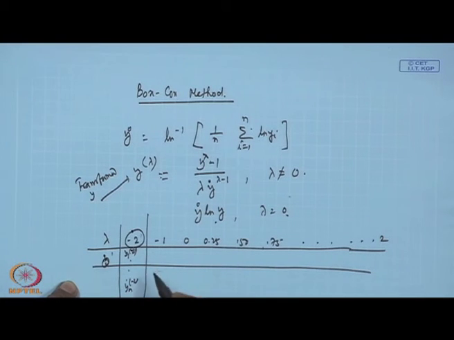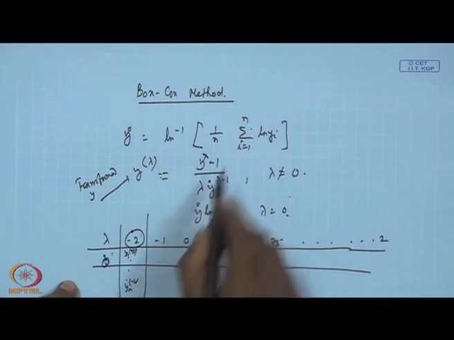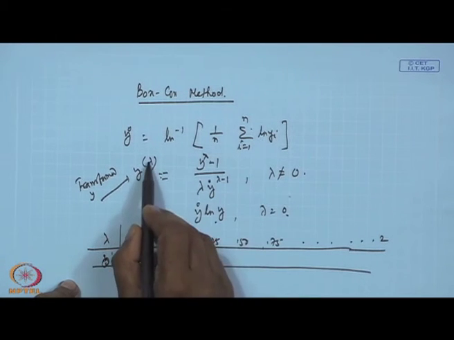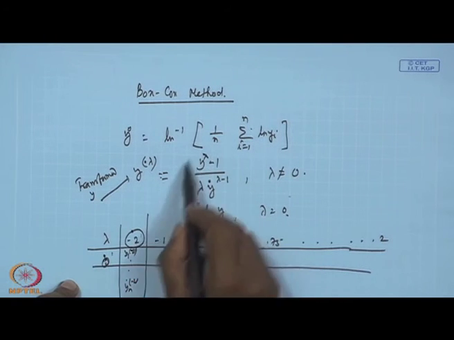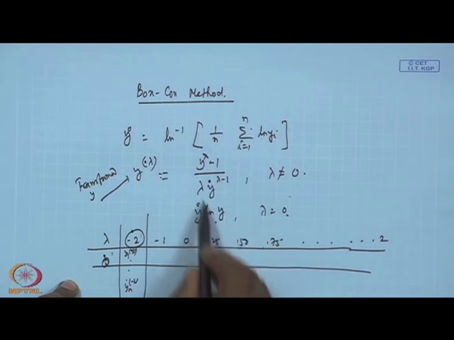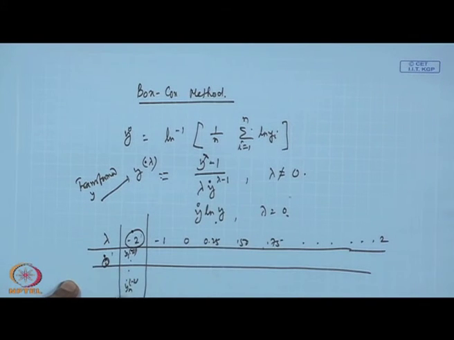But here it is not to the power minus 2, it is to the power minus lambda. When you are writing minus 2 here, you are changing all the values, every value will be changed, each one will be changed.